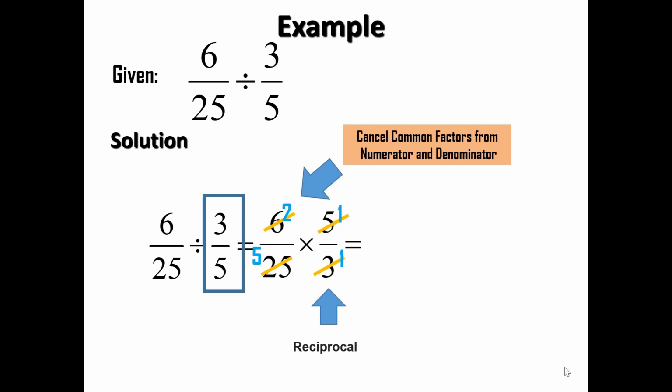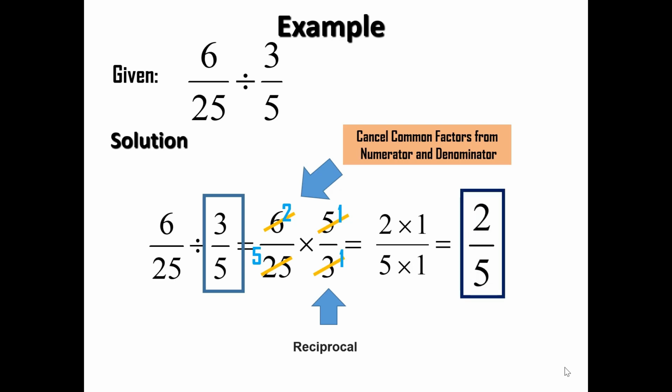And 5 divided by 5 is 1. Then, we get now the remaining values, 2 and 1. Then 5 and 1. Then we multiply 2 times 1, 5 times 1. Then we get now the answer 2 over 5.